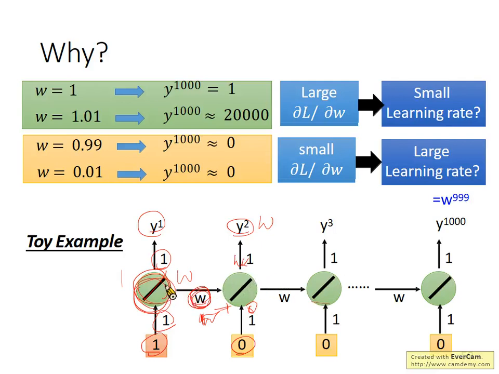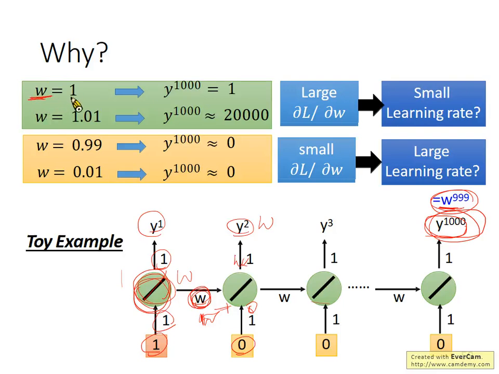So imagine that we have 1000 inputs. The final output of this network is actually w to the power of 999.